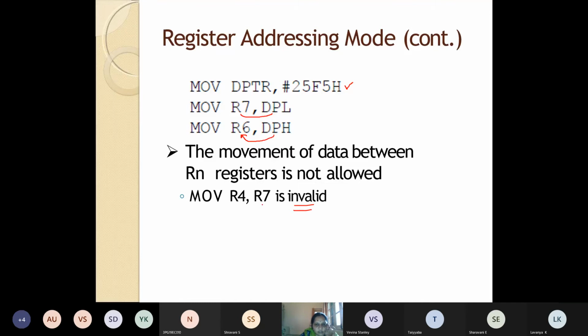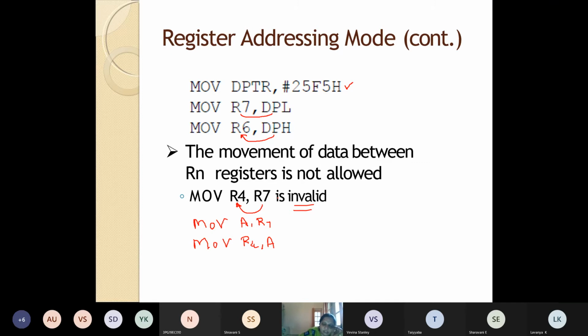I cannot copy the content of R7 to R4; it is invalid. I can copy like this: MOV A, R7, so the content of R7 is copied to A. Then MOV R4, A, so the content of A is copied to R4. These statements are valid, but source and destination cannot both be registers from the register banks.